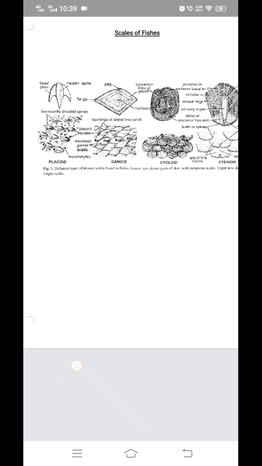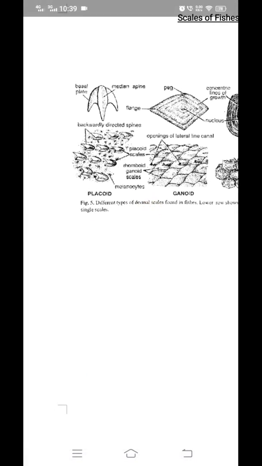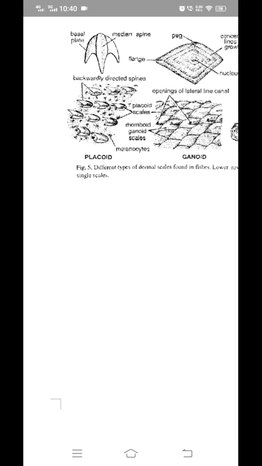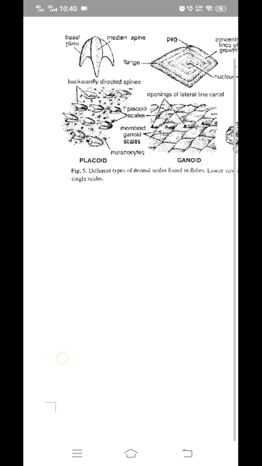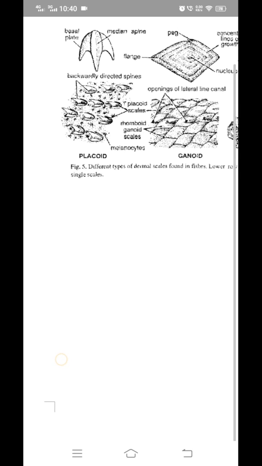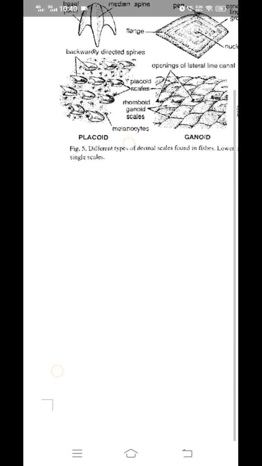Further moving towards placoid scale, here you can see in the diagram, these are the placoid scales. These are the characteristic of elasmobranch fishes only, and each placoid scale consists of a backwardly directed spine which arises from a rounded or rhomboidal basal plate embedded in the dermis, as you can see here in the diagram, and the spine is made up of enamel-like and the basal plate of dentine-like bony material.